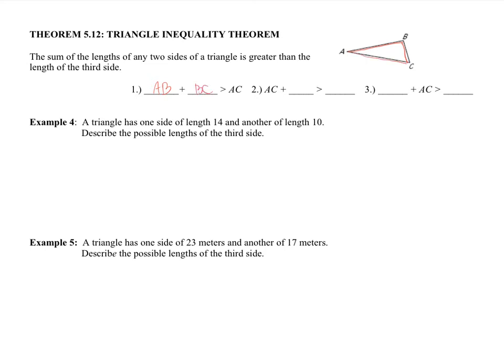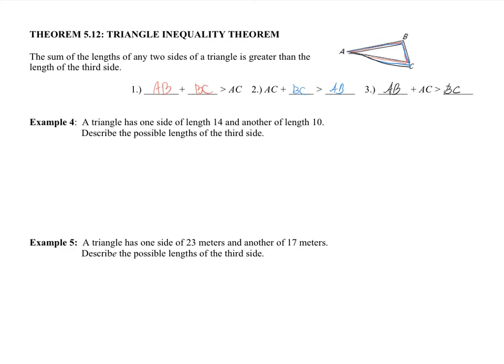And the second possibility could be AC plus BC greater than AB. And the third possibility could be AB plus AC greater than BC.